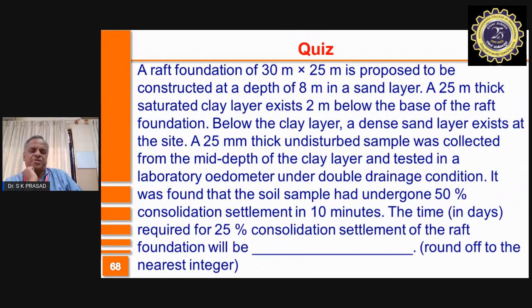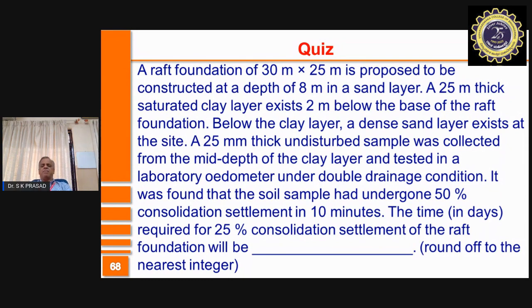You have another question here. A raft foundation of 30 meter by 25 meter is proposed to be constructed at a depth of 8 meters in a sandy layer. So it is in sand. A 25-meter thick saturated clay layer exists 2 meters below the base of the raft. Below the clay layer, a dense sand exists.